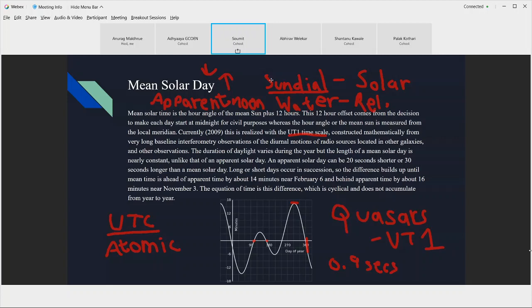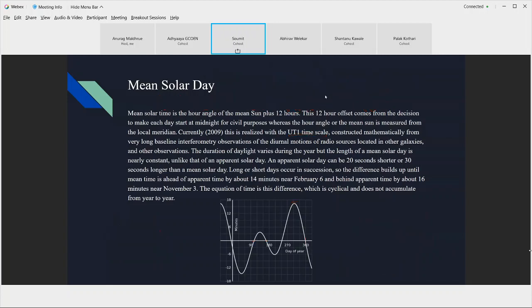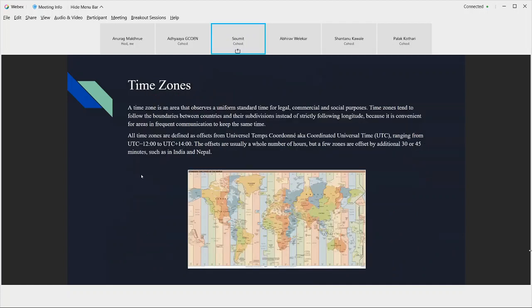So earlier there were places which maintained their own time. The towns had their own time, but nowadays, as we move to the modern era, we have something called time zones. A particular region in the world adopts a single time zone and uses it. So for India, even though the west end and the east end are pretty far apart, they should fall in two separate time zones if you look at it.